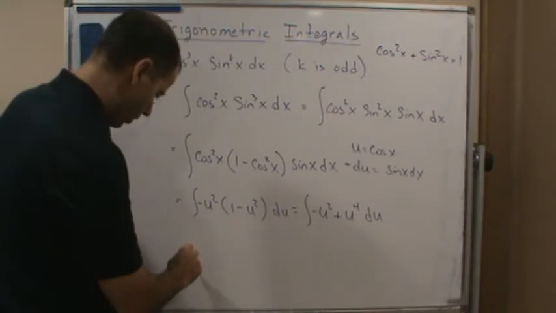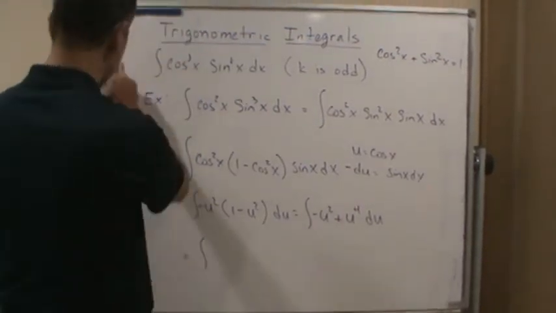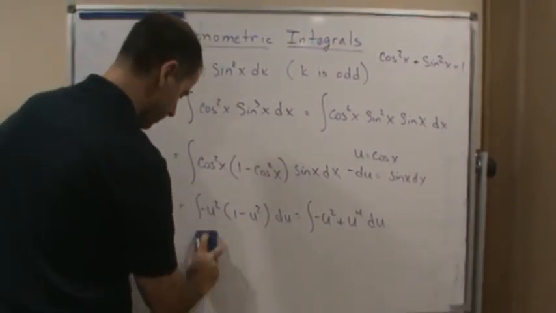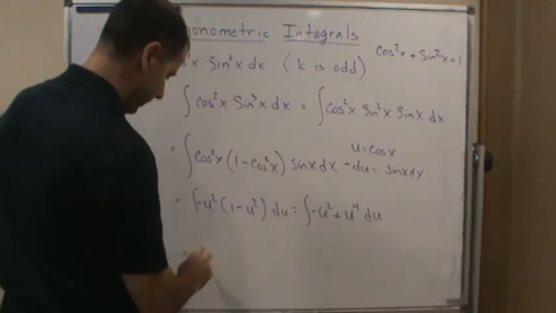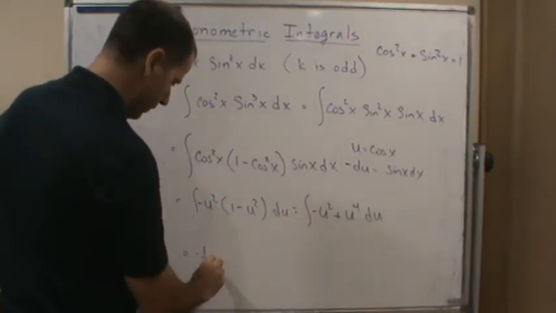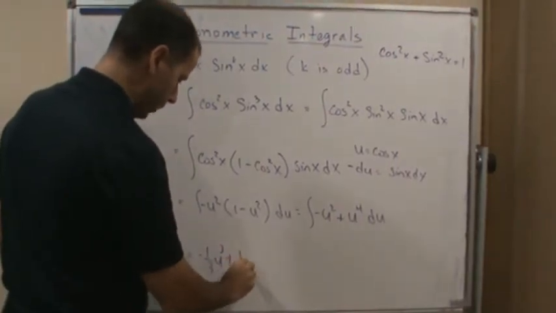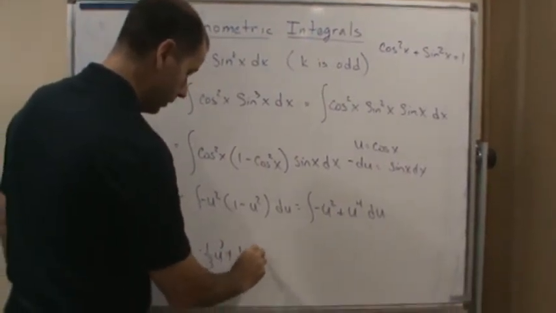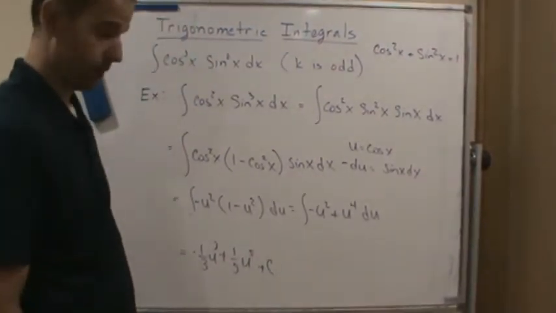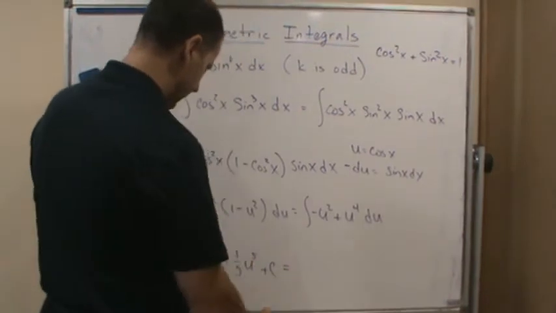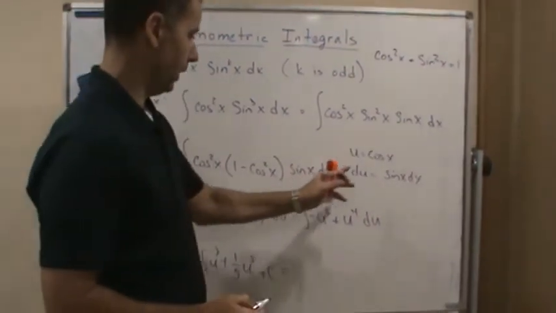So this becomes negative 1/3 u cubed plus 1/5 u to the fifth plus c, of course. Now for my final answer, I'm going to substitute back in for cosine.